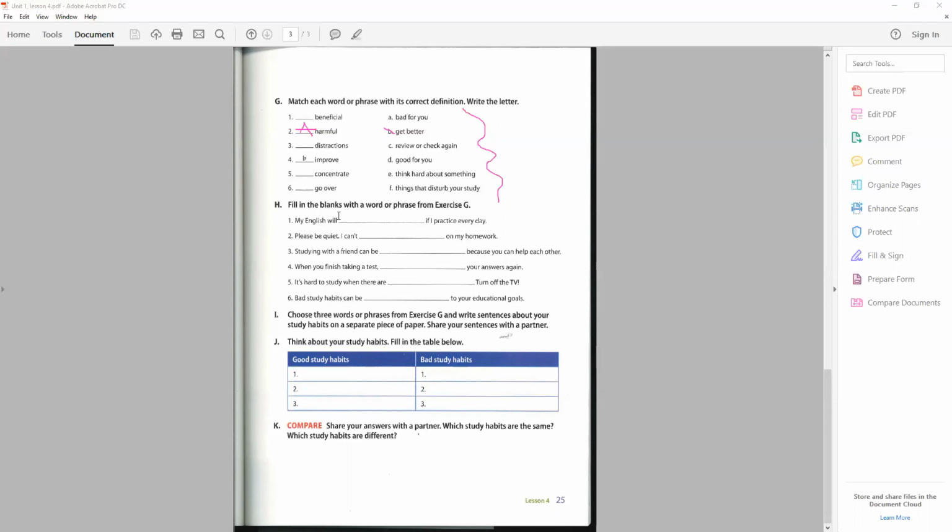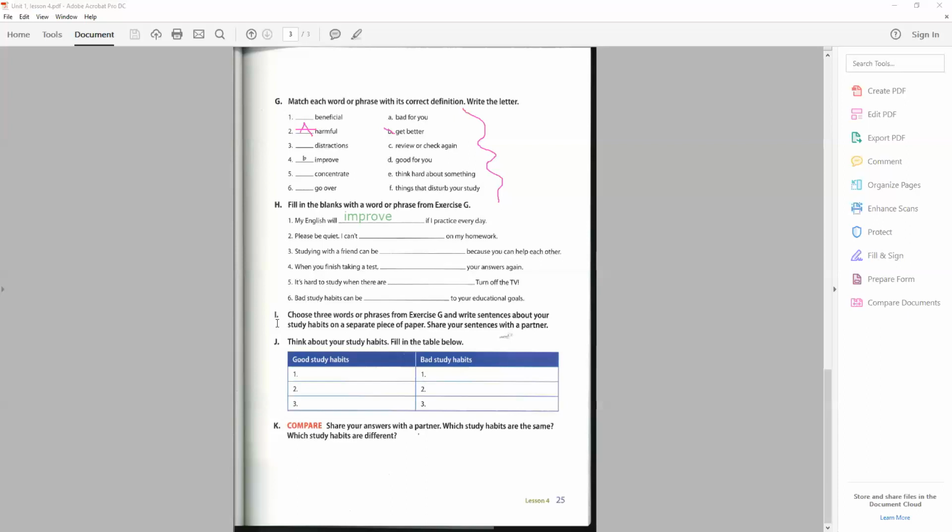Improve is correct. My English will improve if I practice every day. So when you come to me with this packet completed, you need to have all of these completed. You need to have 2 through 6.